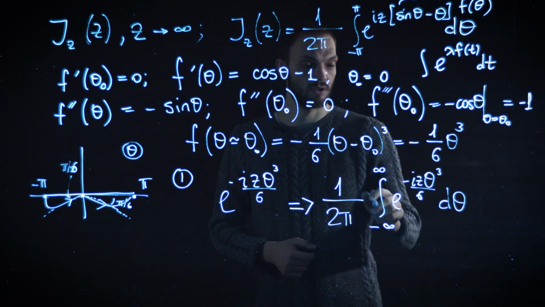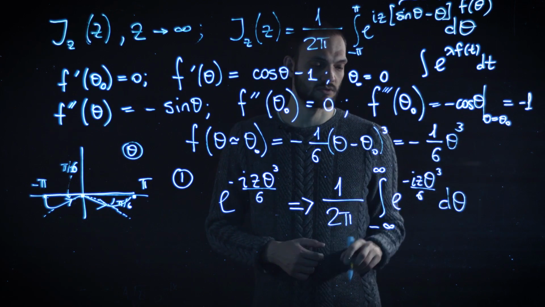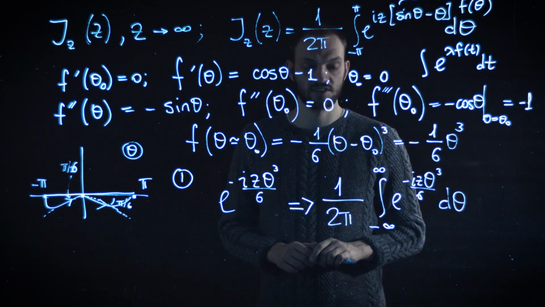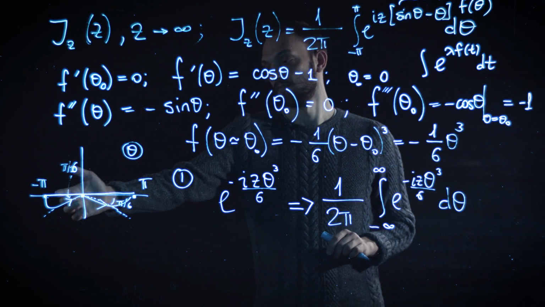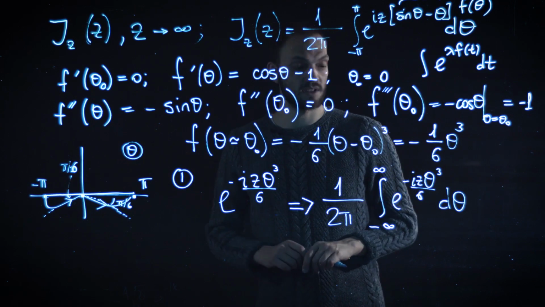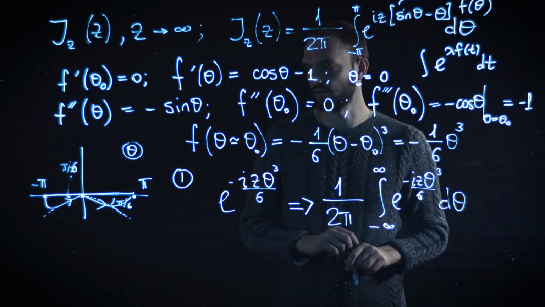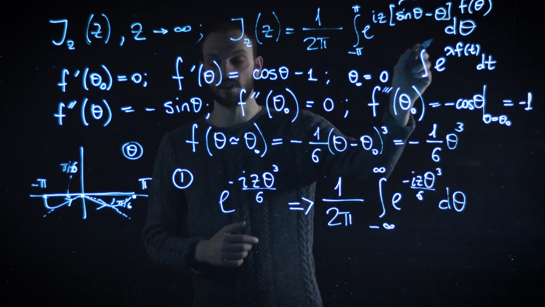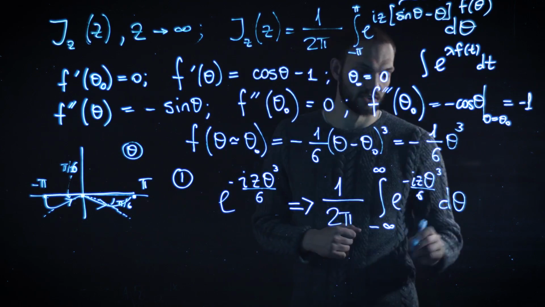And actually, we probably could easily evaluate this integral as it is written, but let us now separate it into two parts and perform the change of the integration variable in order to keep theta along the steepest descent direction.